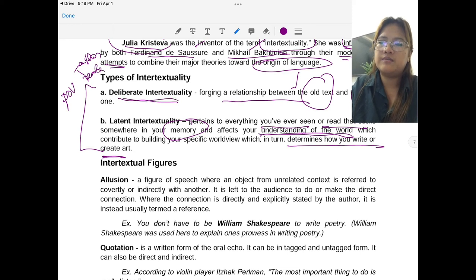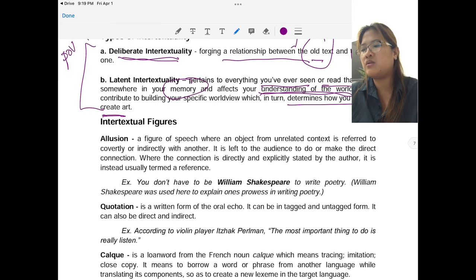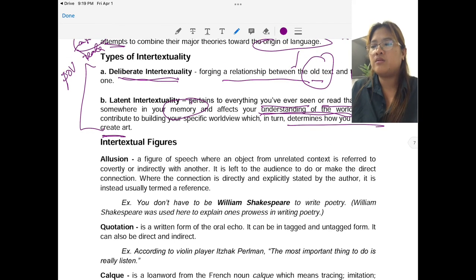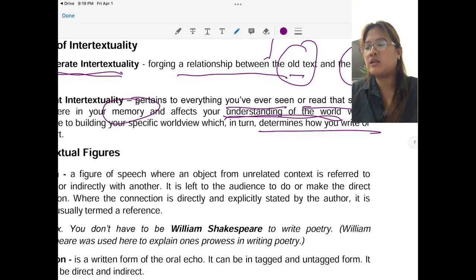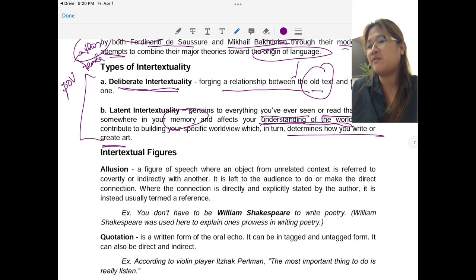So sa deliberate intertextuality, sadya, lalo na sa author, na i-connect niyo yung old text din sa new text. Pero sa latent, it just surfaces kasi masyado nang madaming nabasa yung reader, ay yung author. Kaya habang nagsusulat siya, lumilitaw na lang even without conscious effort.